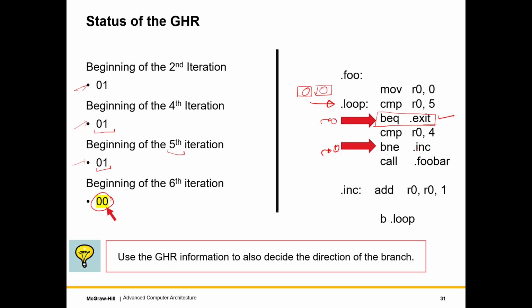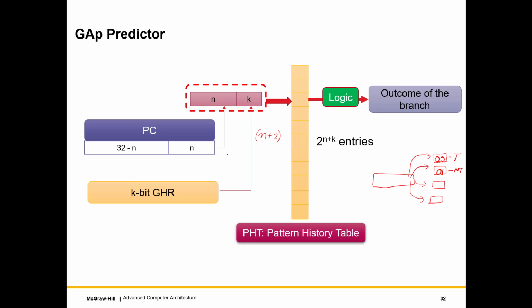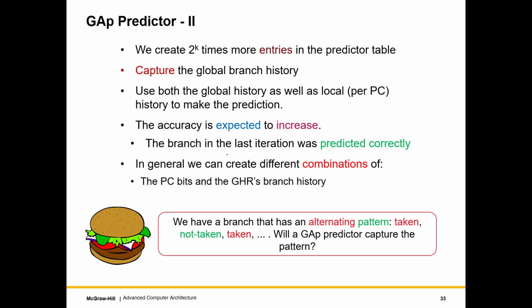So what we see from this is there is a nice way to differentiate the previous cases when the branch is not taken versus the case in which the branch is taken, and this can be used for better prediction, as we see right here.